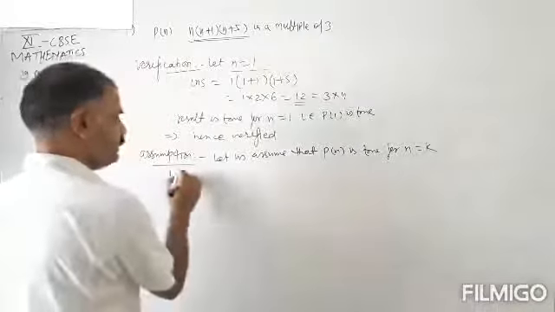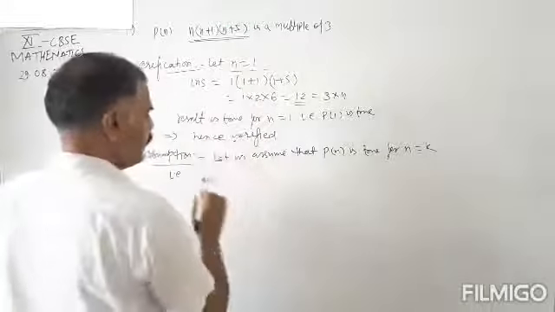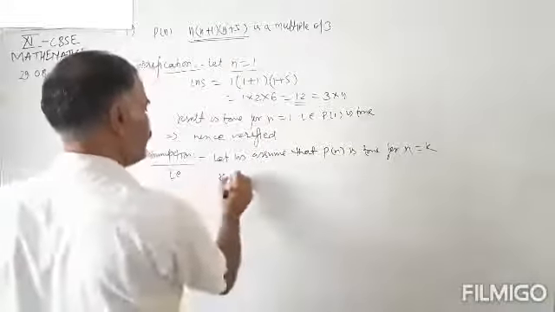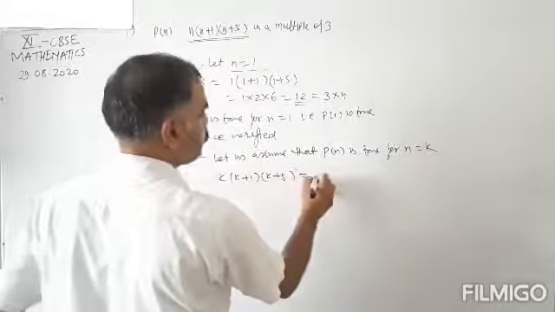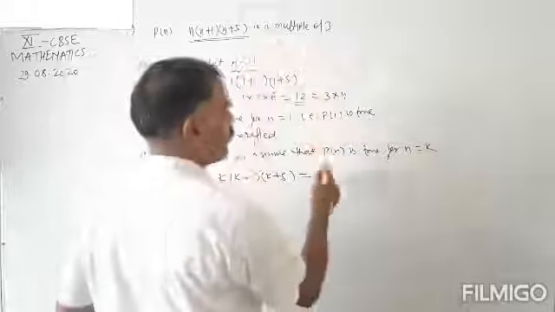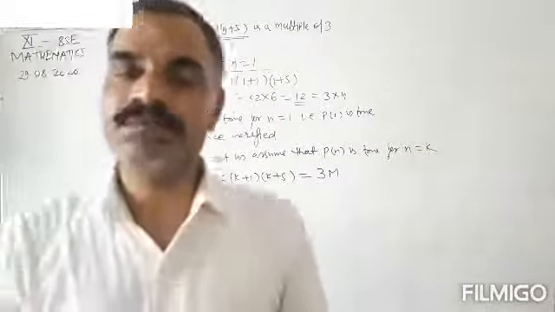That means, n is replaced by k: k into k plus 1 into k plus 5 is equal to a multiple of 3, that is 3 into m.